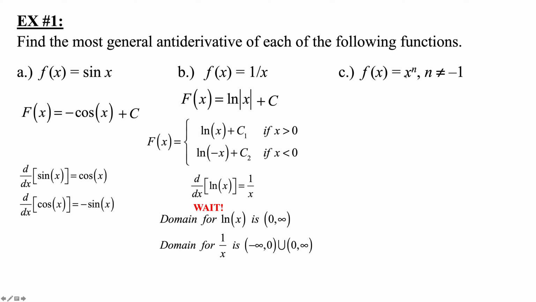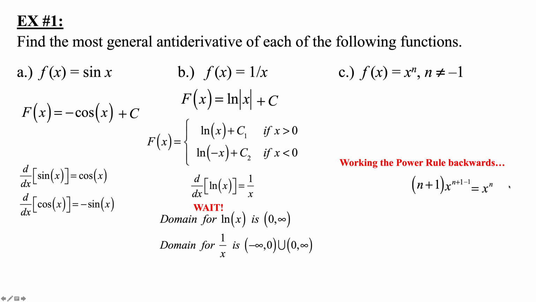All right, f of x equals x to the n power, where n cannot be equal to negative 1, because if it was equal to negative 1, we'd be back to this situation right here. All right, so we're going to be working our power rule backwards. So we start with x to the n plus 1, minus 1. And if you recall, when we take the derivative, we take the n plus 1 out to the front, and we subtract the 1 from it.